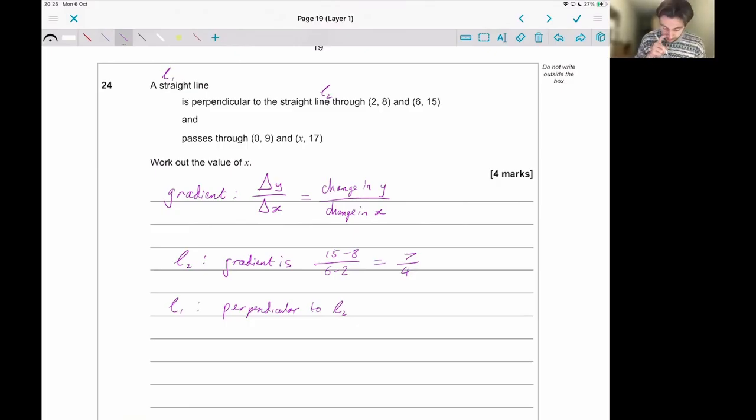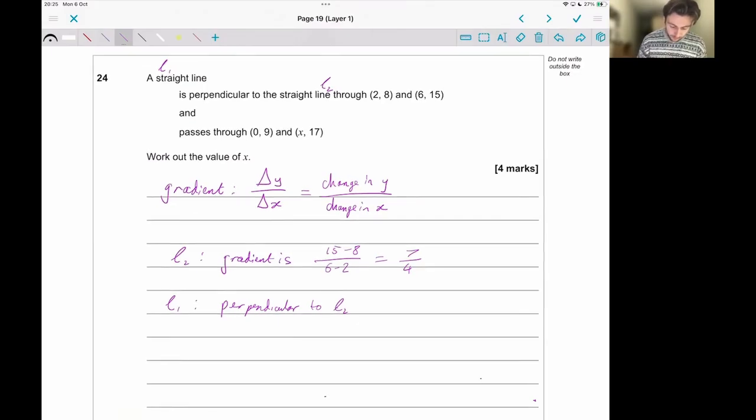So, L1 perpendicular to L2 means, therefore, the gradients of L1 and L2 will multiply to make -1.